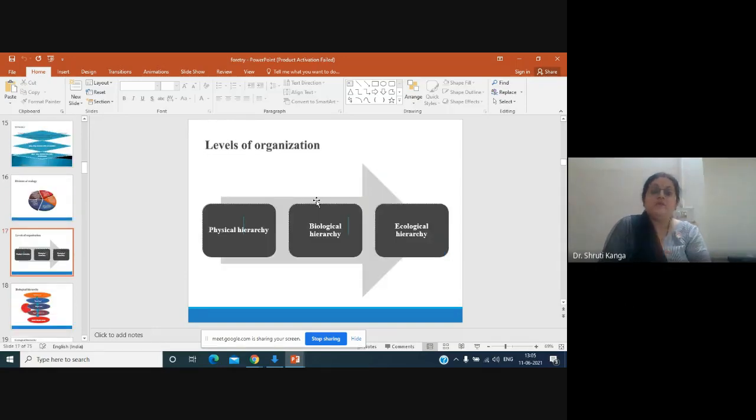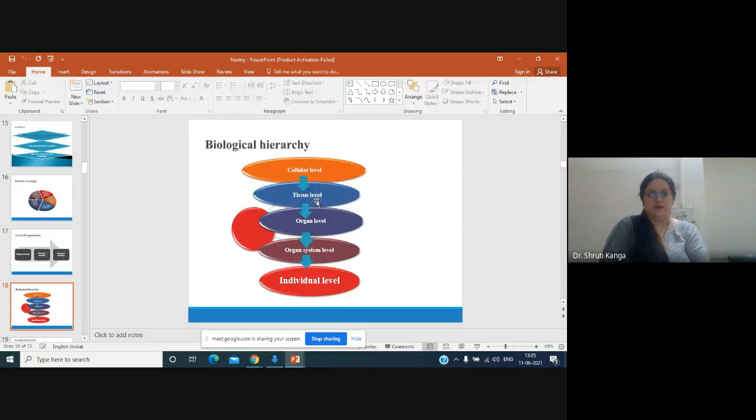Now there are different levels of organization: physical hierarchy, biological hierarchy, and ecological hierarchy. The biological hierarchy includes the cellular level, tissue level, organ level, organ system level, and individual level.